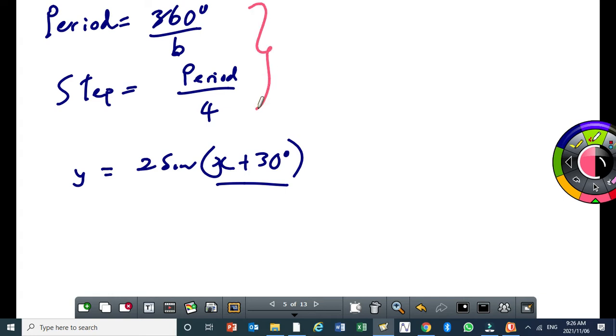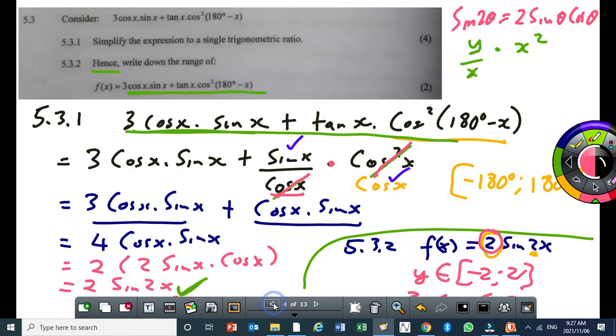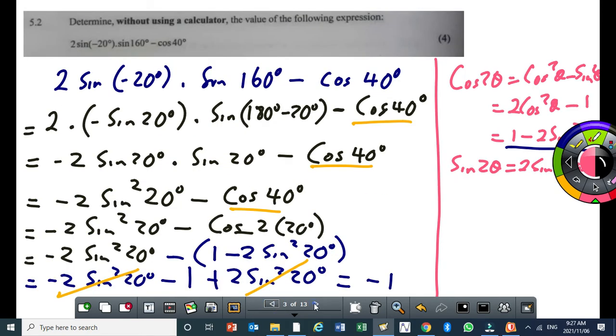Just in case you get a question on sketching, your period is 360 over b. Sometimes they may also ask you to determine the value of this b. So you need to know that formula. Your step on your calculator is equal to the period divided by 4. To get the step, you have to get the period first. Are you following them? Right? Is there anybody with any question before I get on? So how do you get the b?